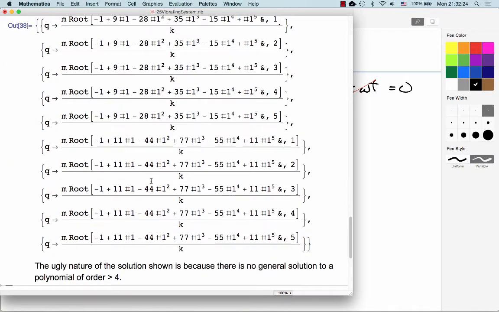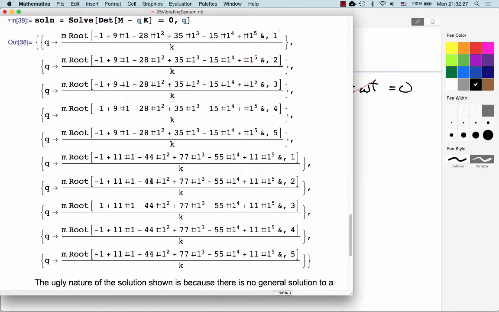And we solve it, and Mathematica pukes on me. This root thing here is saying, hey boss, I don't know how to solve it. There's a really good reason for that. I could have just made this 5x5 and I would have had exactly the same problem. And that's because there is no general formula for getting the roots of omega squared when our degree in omega squared is 5 or greater. There just isn't.